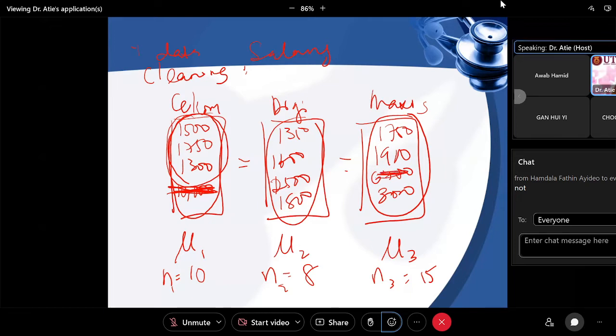These people are too high. So we need to remove the 6,000 person from our whole analysis because in Maxis that person failed, and even when we want to compare with DG and Celcom, that person also failed. All right, so we need to remove that one. So that's what we call variance between the groups.